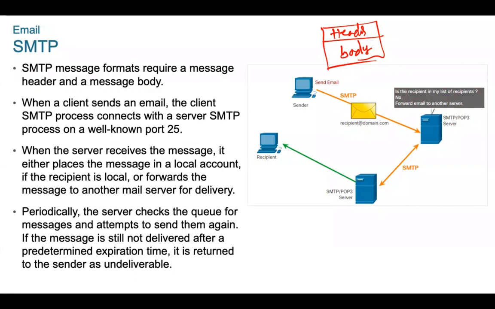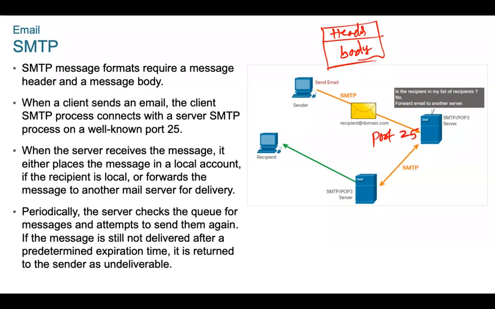When a client sends a mail, the client's SMTP process connects with the server SMTP process on a well-known port number. The port number which is used here is 25, for sending the email to the SMTP server.